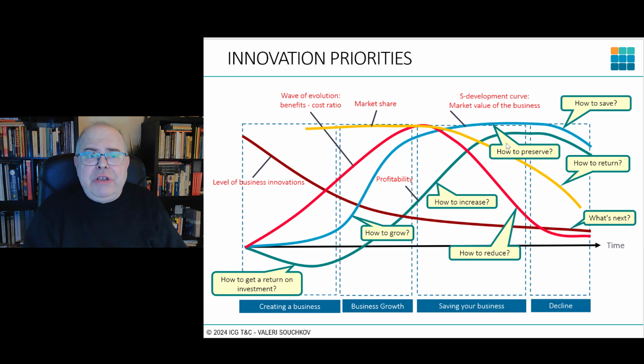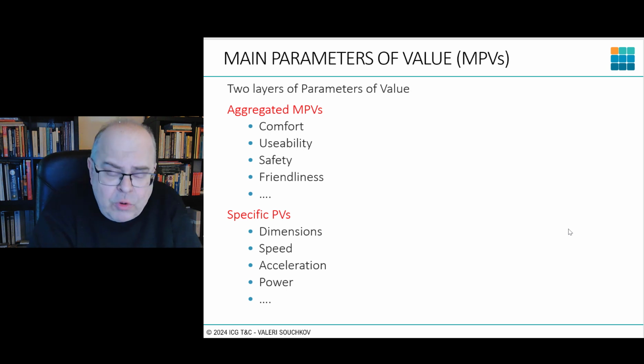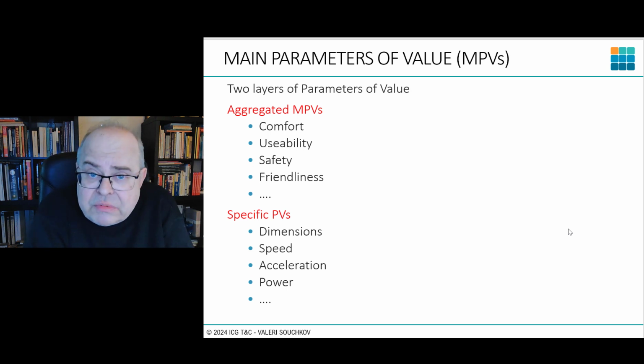It happens when you reach the biggest distance between the market price of your business and the costs to bring the business to the world. It is a moment when you have to start thinking about new radical changes. How do we do it? What do we use to move to a new S-curve?